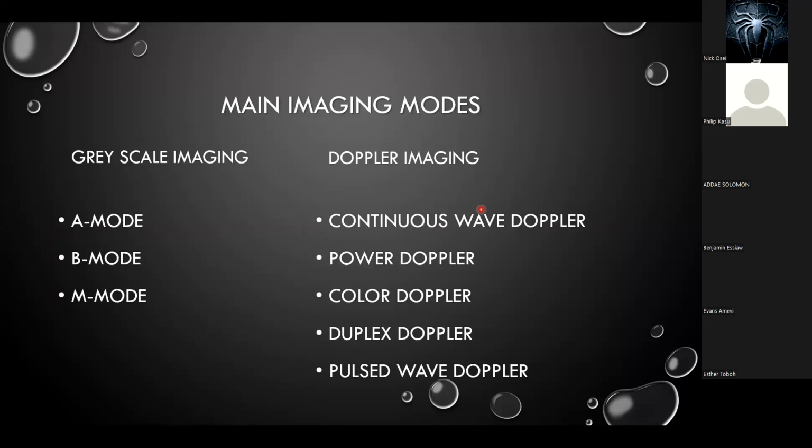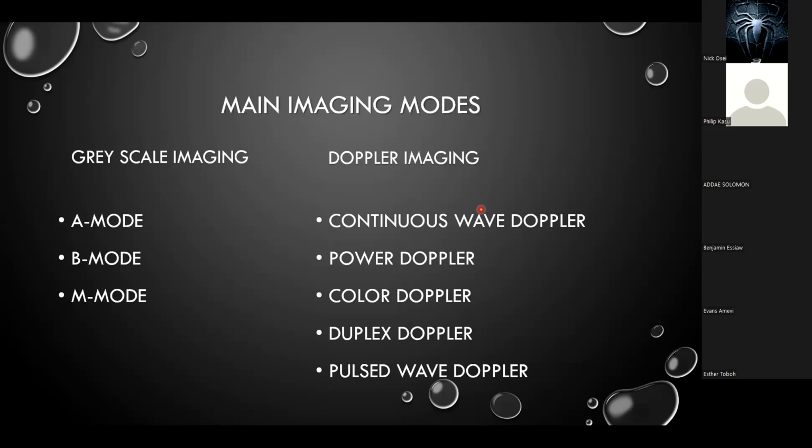Now, right from there, we'll go to the main imaging modalities that ultrasounds give us. Now, ultrasounds give us grayscale imaging, then Doppler imaging, okay? Grayscale imaging, Doppler imaging. All right, now there are 3D, 4D, and the rest, but we won't talk about that in this lecture.